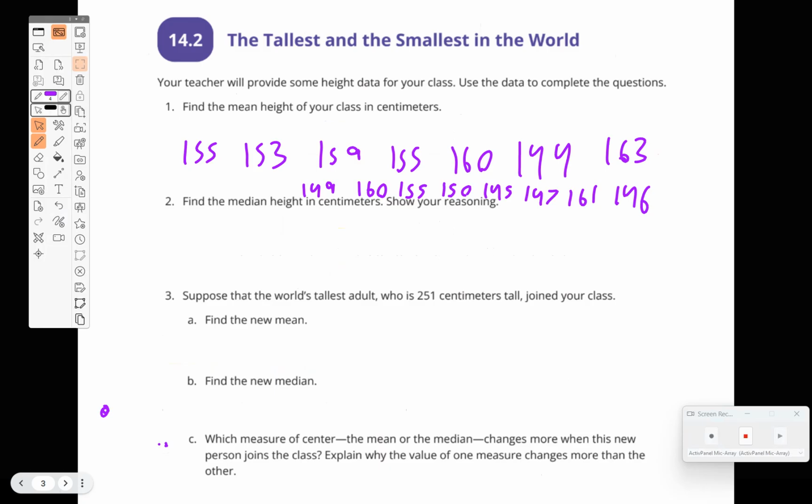I think you saw 160. Oh yeah. 150, not 153. 155. You write down 153. 159.